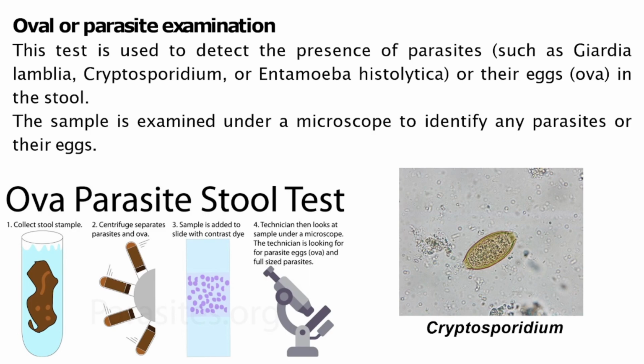And then the second step is written as a centrifuge separates parasites and ova, in which, in the laboratory, a trained technologist takes a small portion of the stool sample and prepares a thin smear of the concentrated solution depending on the specific laboratory protocol. After that you can see the sample is added to the slide with contrast dye.